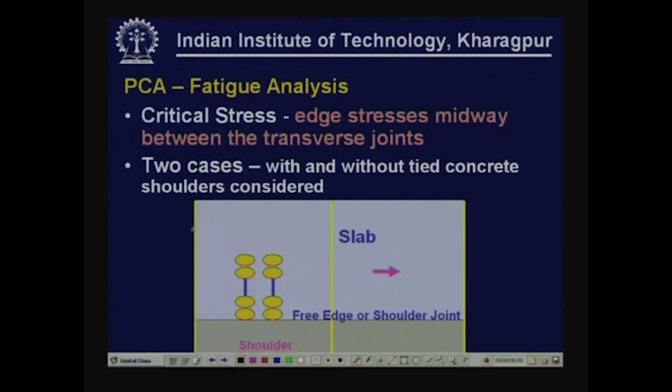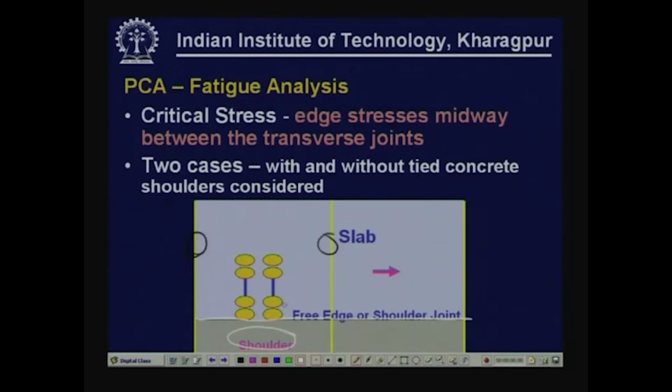If you consider these two transverse joints, and if this is the longitudinal edge, which is the free edge, and next to this we have a shoulder. So, we are concerned about the stresses that are developed along this edge.